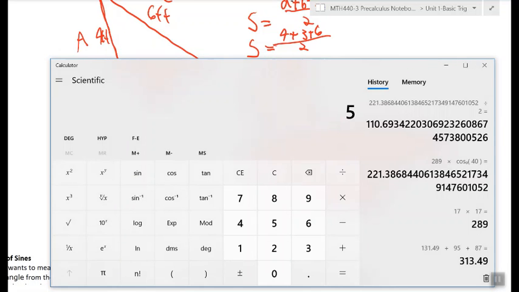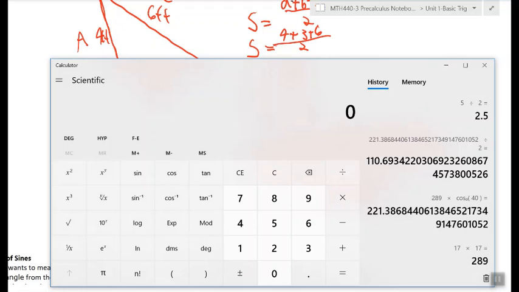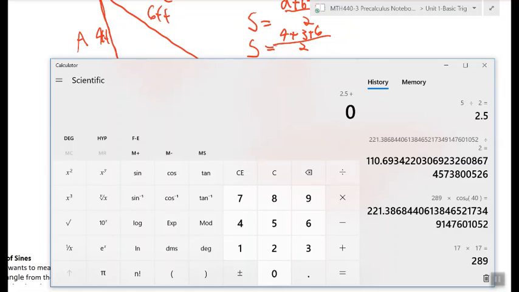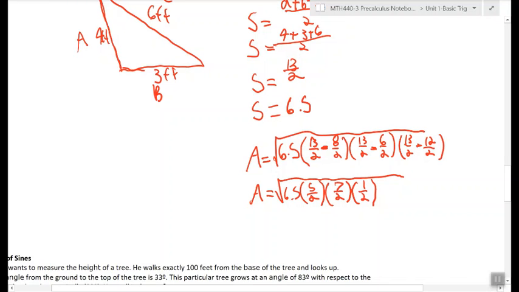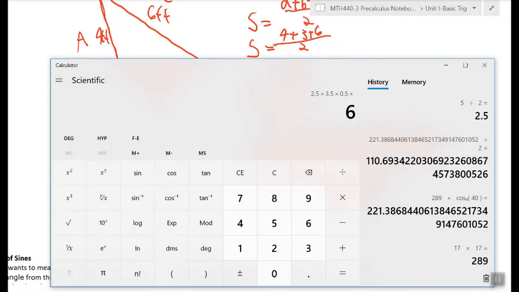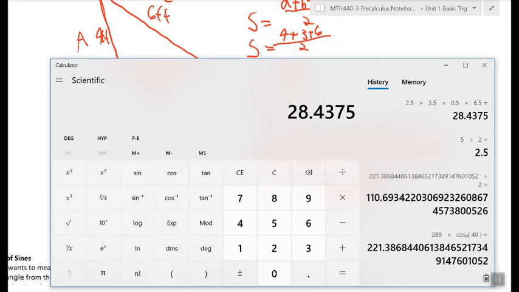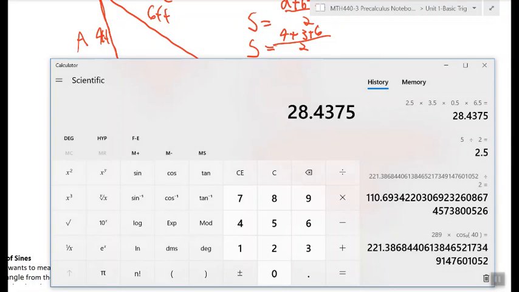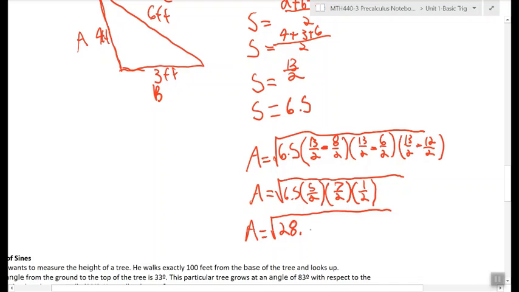So 5 over 2 is 2.5, times 3.5, times 1, times 0.5, times 6.5, equal to 28.4375.